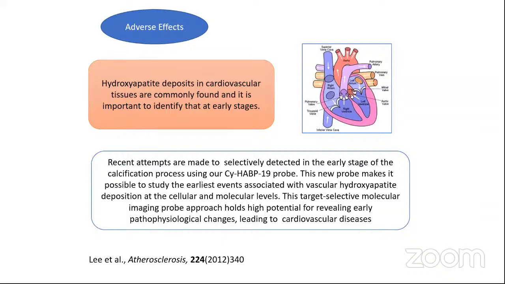If we identify and detect early the calcification taking place in our blood vessels due to hydroxyapatite, then we can take precautions and detect the problem at early stages. So it is a very important part.